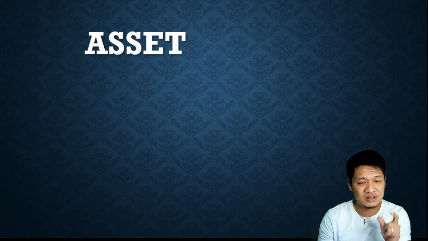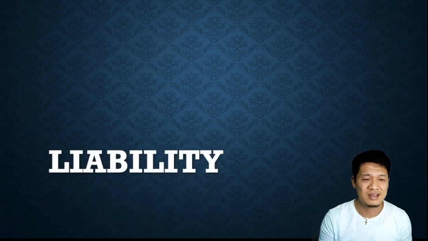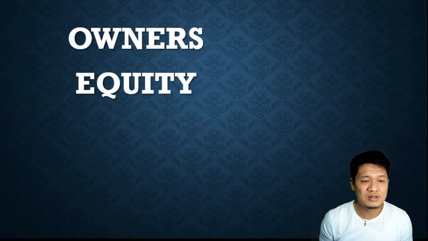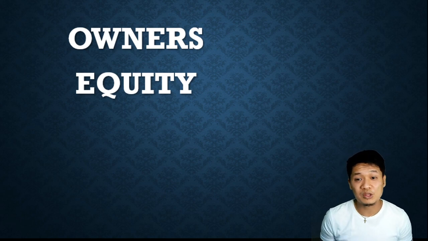ADELIC, the first letter A, so normal balance niya is debit. How about liability? The normal balance is credit. Owner's equity. The normal balance of owner's equity is credit. Owner's equity or capital. Take note, baka malito kayo doon. Owner's equity or capital, same lang yan.